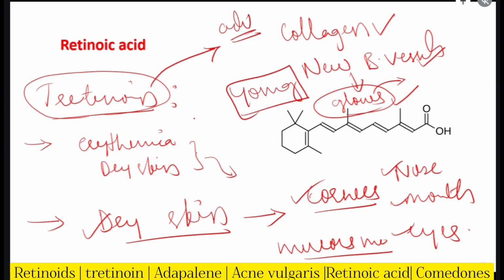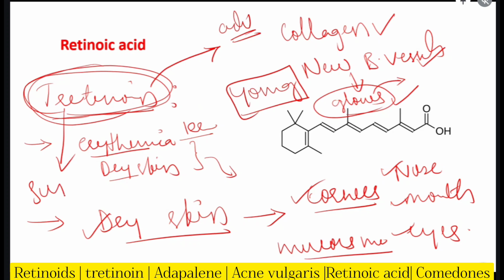Some adverse effects we see with tretinoin, a first generation retinoid: it can cause erythema as I told, sometimes dryness, sometimes irritation can be seen. And always remember, when tretinoin is applied, don't advise the patient to expose to the sun, because UV rays with tretinoin can cause tumor.